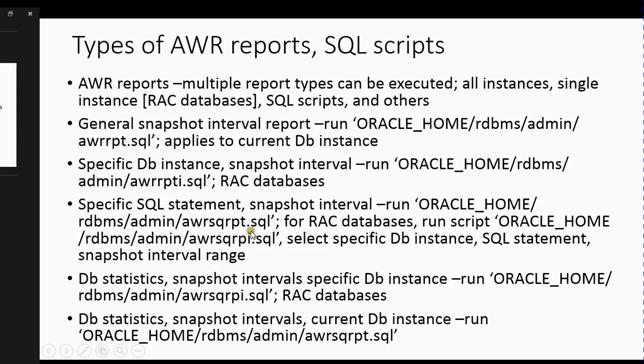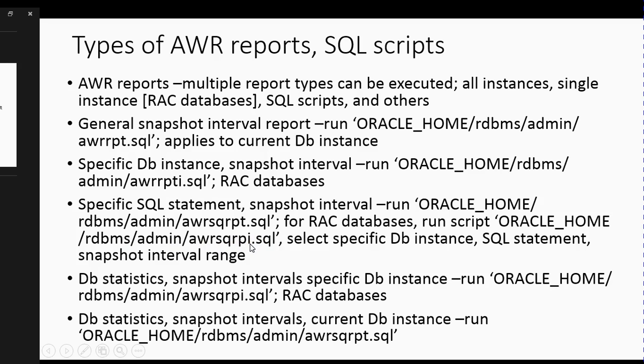If you're paying attention, RPT is for the current database, and if you have an I at the end, that's for multiple instances. So the next explanation is for the RAC databases. For the RAC databases, you have RDBMS admin, awrsqrpi.